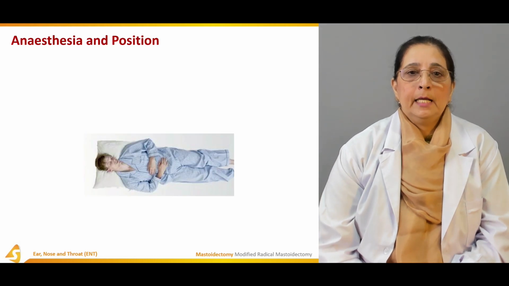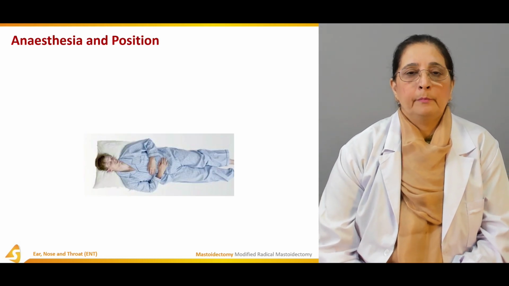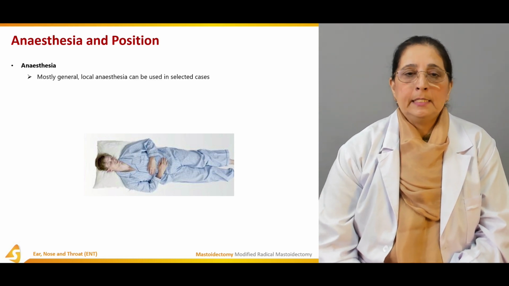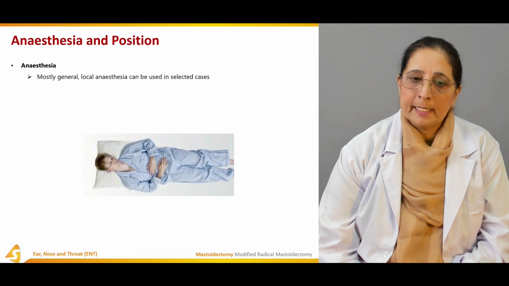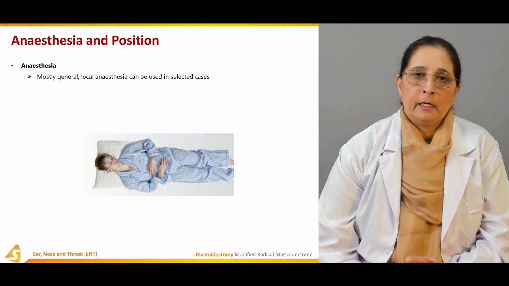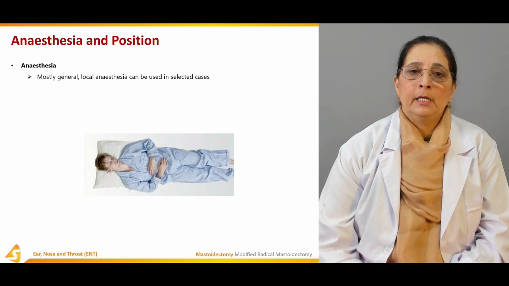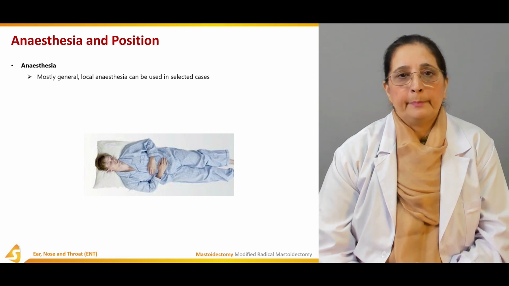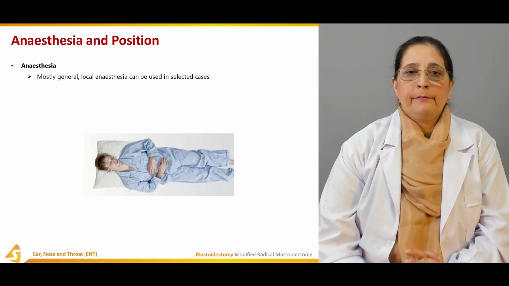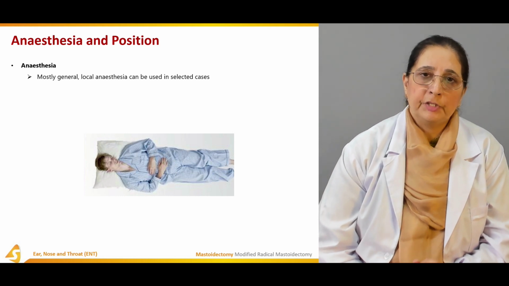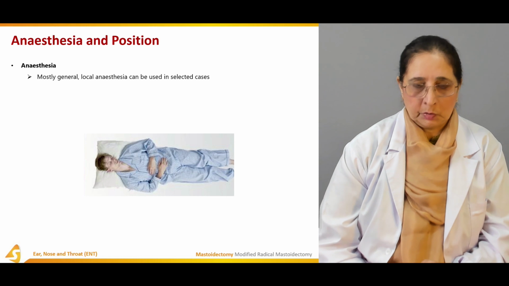The anesthesia and position used for modified radical mastoidectomy. Anesthesia is again mostly general anesthesia, and as in radical mastoidectomy, we can use local anesthesia in some limited cases. But if you remember, I mentioned that for cortical mastoidectomy, usually general anesthesia is used.